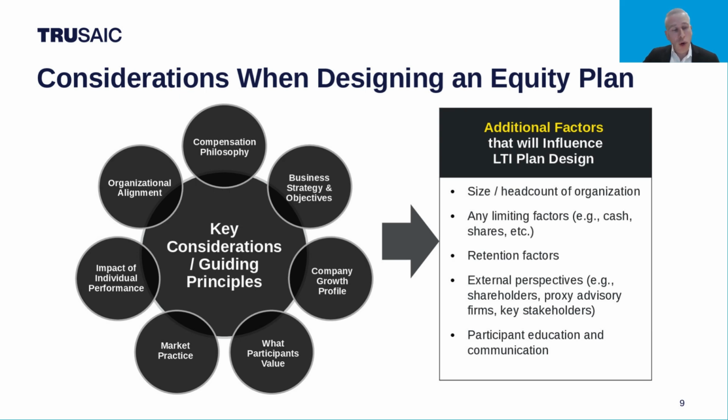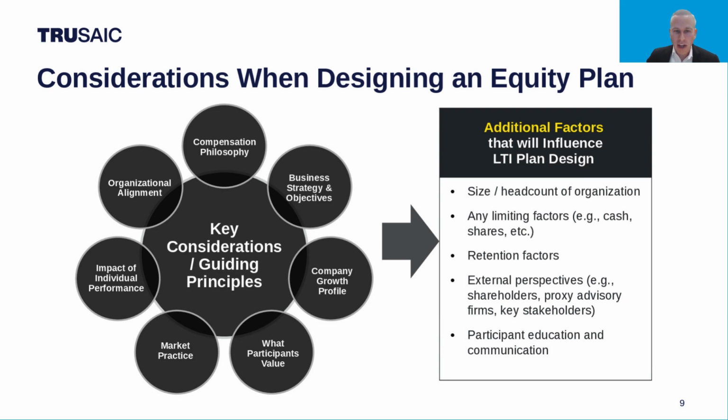And then external perspectives, proxy advisory firms for publicly traded companies and the overall shareholder perspective, that really does shape a lot of the direction of organizations, oftentimes because you have to disclose it in a proxy statement. And so if you're going to go outside the lines a little bit, which is okay, you just need to have a really compelling rationale for why you do it, and you're going to want to talk about it.